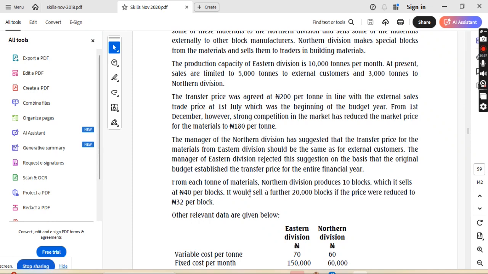The first one is they will sell at 40 naira per block, right? 10 blocks for 1 ton. How many tons? 3,000 tons. 3,000 tons times 10 blocks will give you 30,000 blocks, sold at 40 naira per block. They will still sell more if there is a reduction in the price.